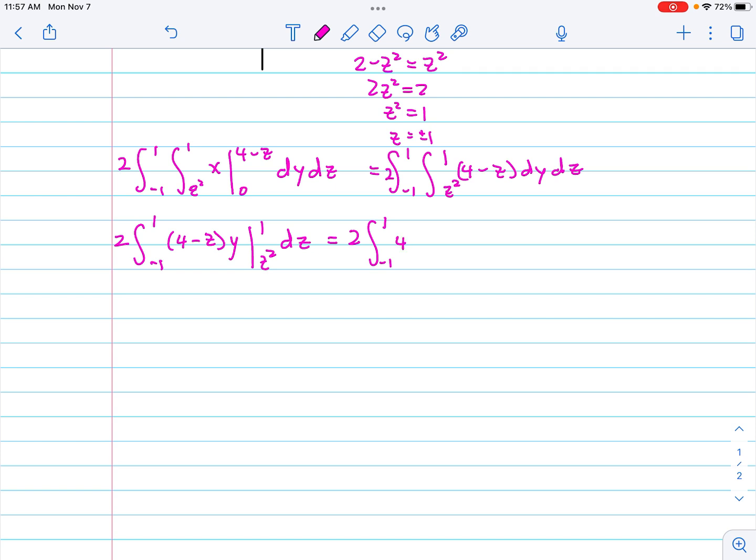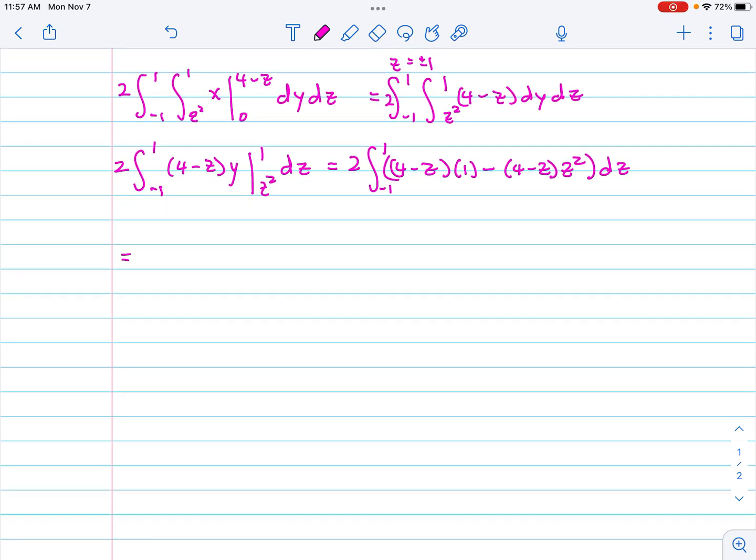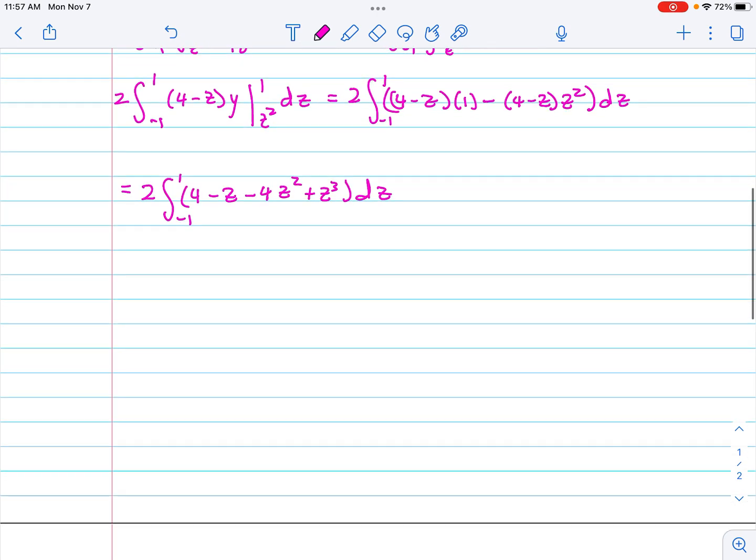This is going to be 4 minus z times 1 minus 4 minus z times z squared, and I'll put a dz here. There we go. Now we simplify this a little bit. So this is negative 1 to 1, and we've got 4 minus z minus 4z squared plus z cubed dz. Okay, we're in the final stretch now.